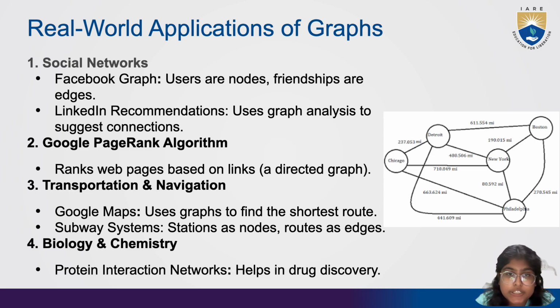Navigation systems. GPS and Google Maps use graph algorithms to find the fastest route. As you can see, this is a picture of a graph that represents a GPS. Biology. Graphs model protein interactions and genetic networks. These are just a few ways graphs impact our daily lives, often behind the scenes.